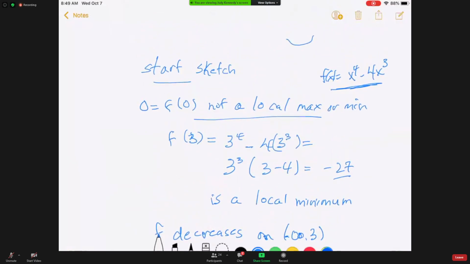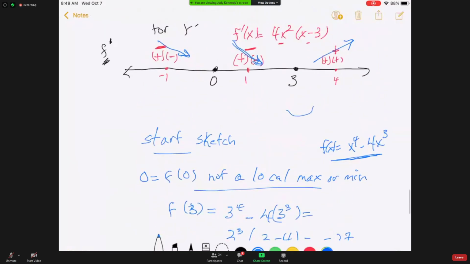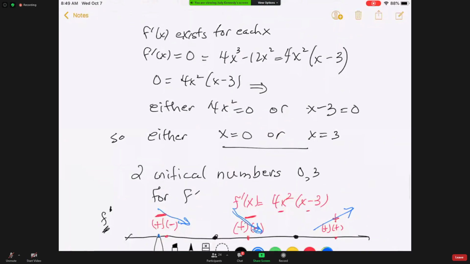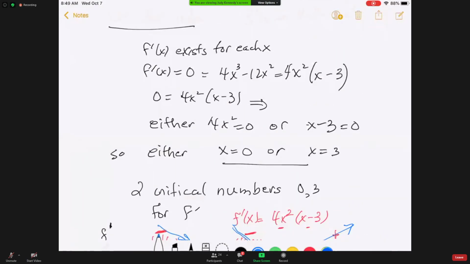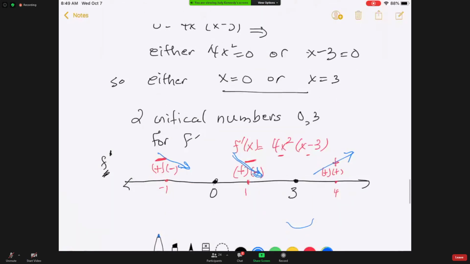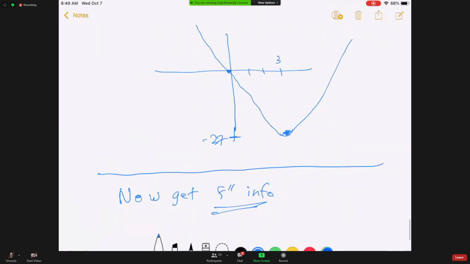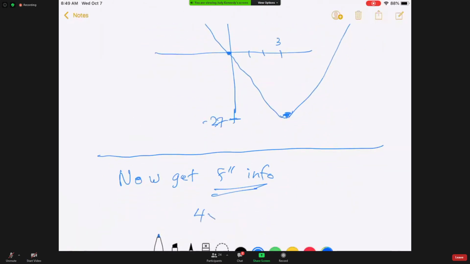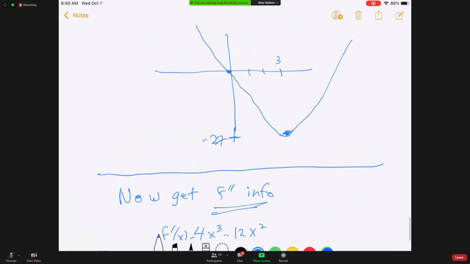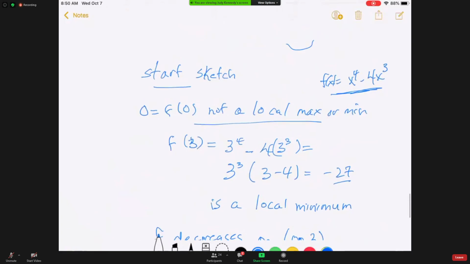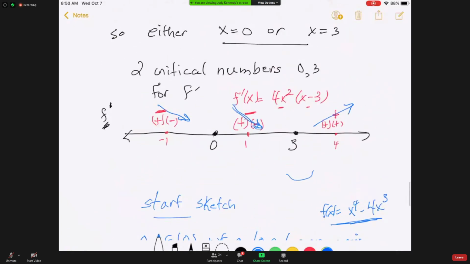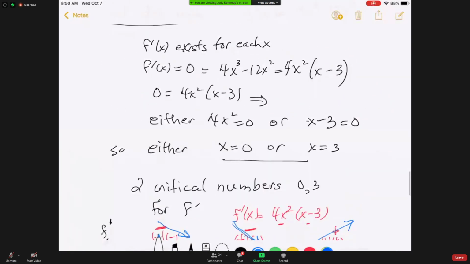Now I do need f prime. f prime was 4x cubed minus 12x squared. Let's check it one last time, make sure I got the right line.